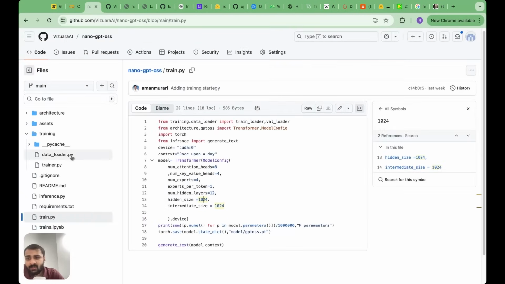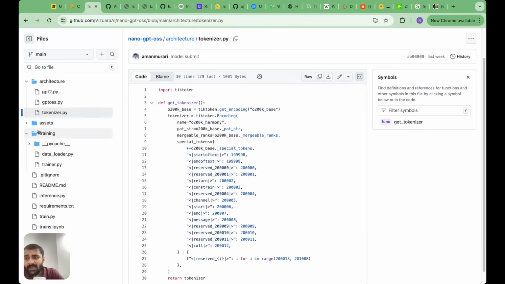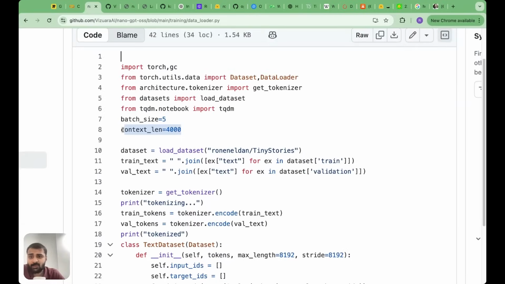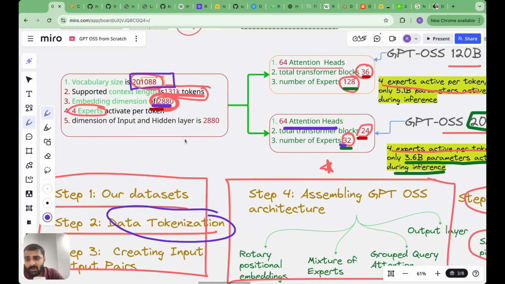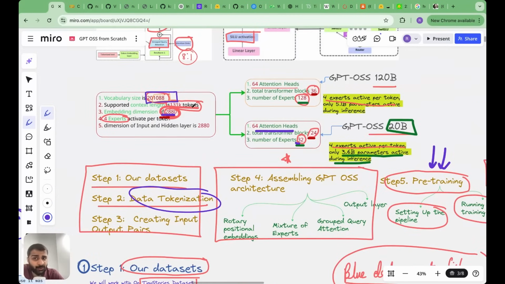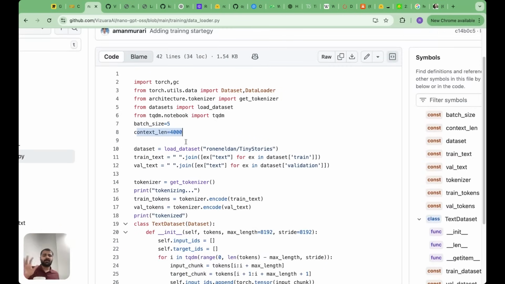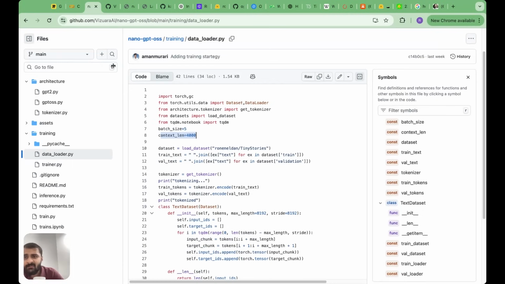Another thing to mention, where parameters are really reduced by a lot, is the data loader. If you go to the data loading scheme, you'll see the context length which we have used is 4000, whereas they have used a context length of 131000. So these changes give us a lot of reduction in the number of parameters.